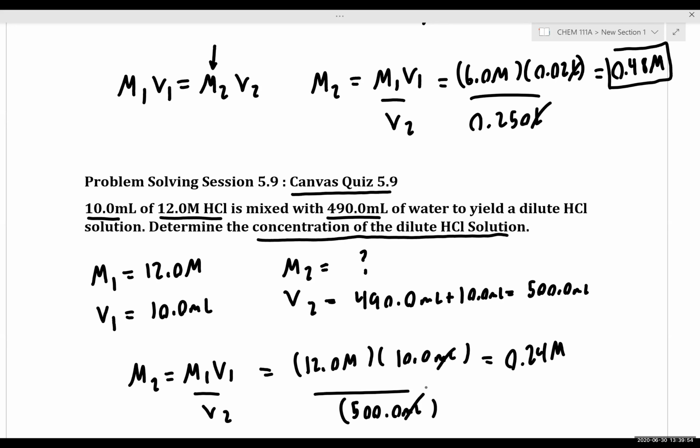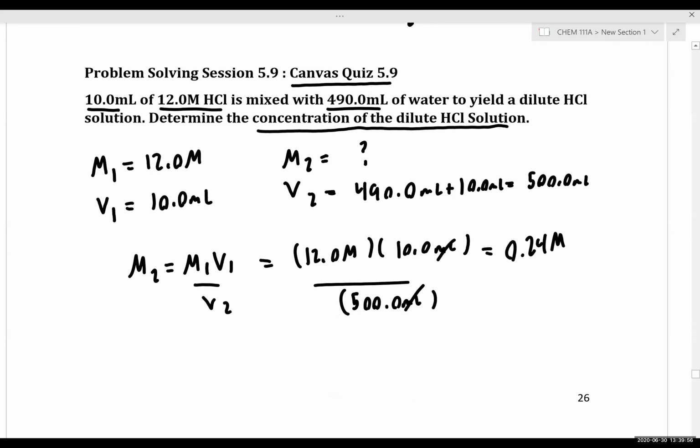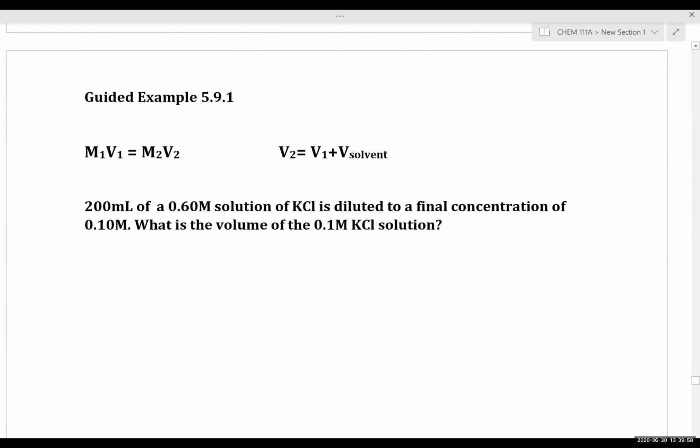Okay, so let's now go through another dilution example. If we have 200 mL of a 0.60 molar solution of KCl, and we dilute it to a final concentration of 0.10 molar, we're asked to figure out the volume of this diluted solution.